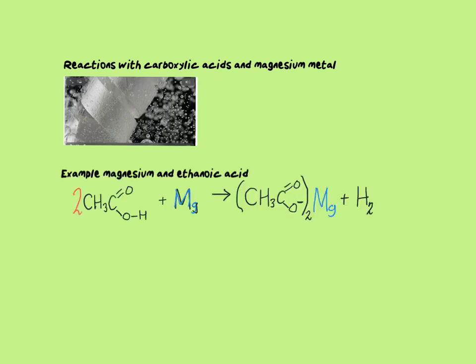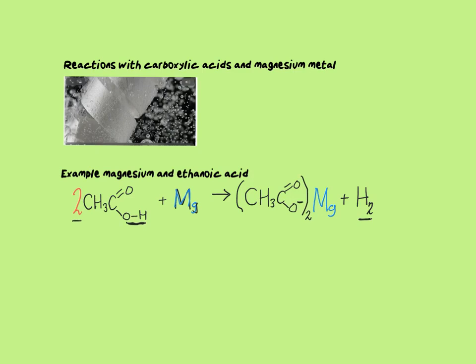Carboxylic acids will react very slowly with magnesium metal to release hydrogen gas. Again, the OH bond breaks, releasing hydrogen gas. Because 2 moles of hydrogen atoms are required to form the hydrogen gas, we need 2 moles of the ethanoic acid.